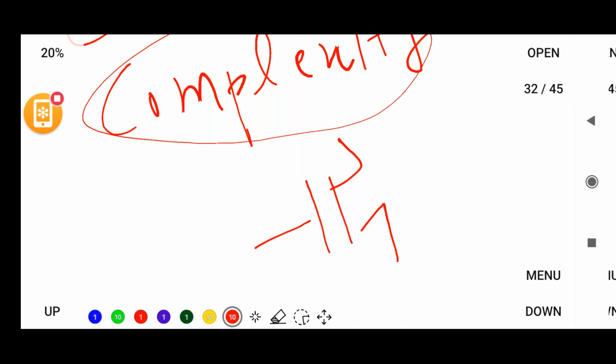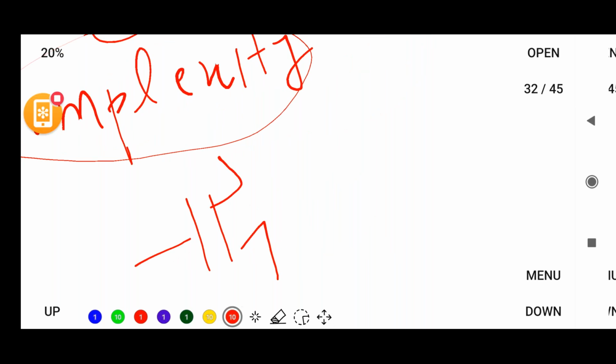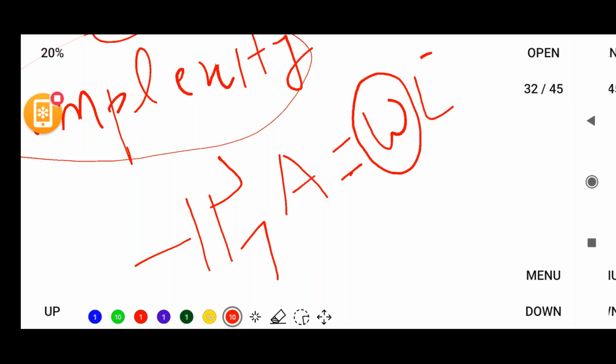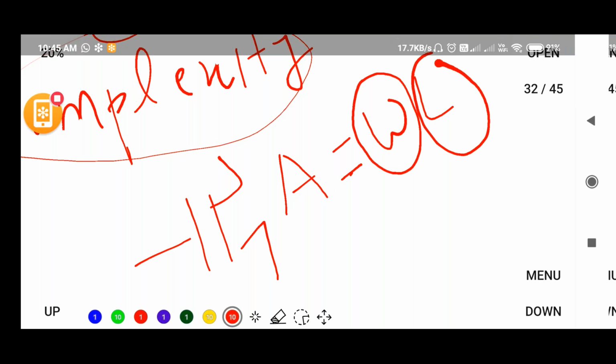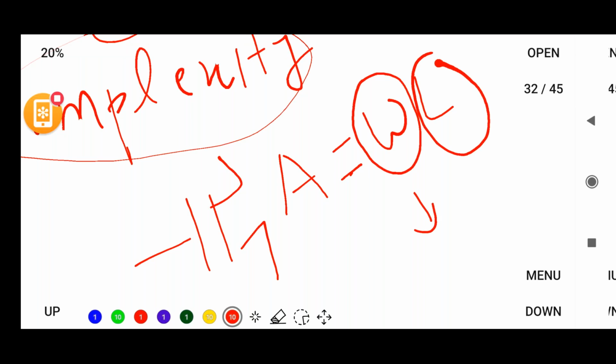Every transistor has a certain dimension. Suppose that this transistor area is W into L. If you reduce the transistor size, your W must be less and L must also be less. W is the width of the transistor and L is the channel length of your transistor. If these two parameters are less, of course your area is also less.